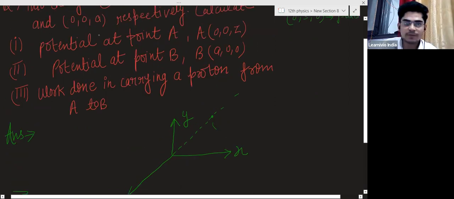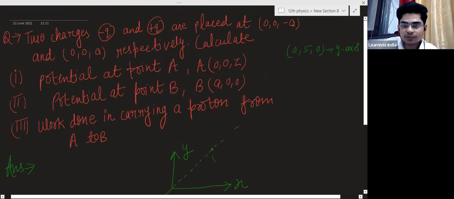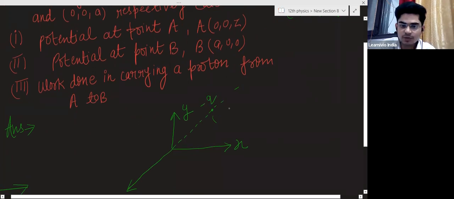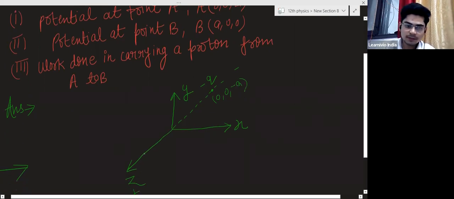And a minus q charge is placed at 0 comma 0 comma minus a. This is on the z axis, and another charge plus q is placed at 0 comma 0 comma a.